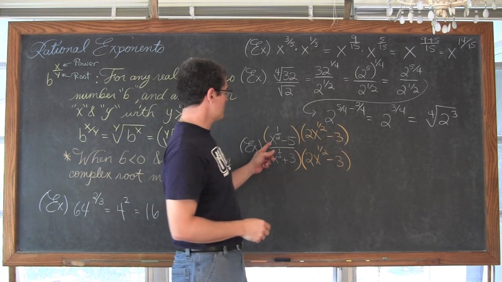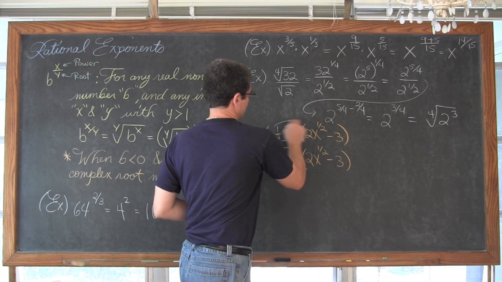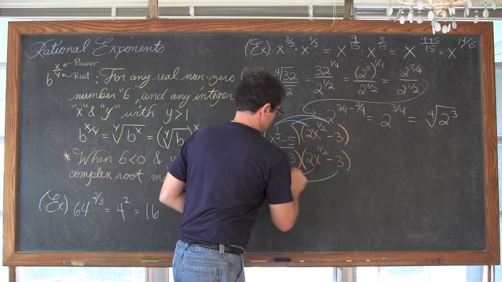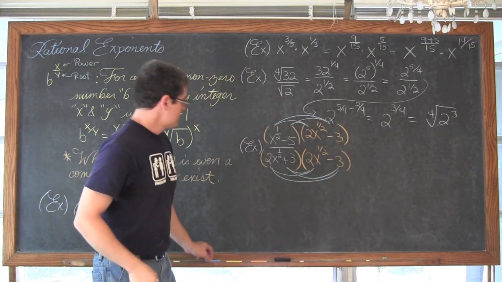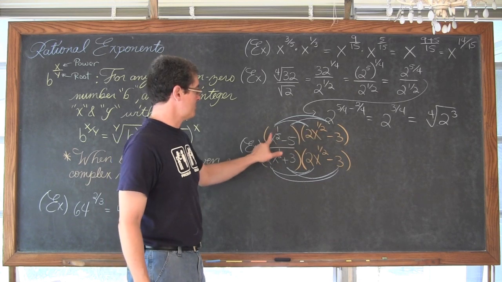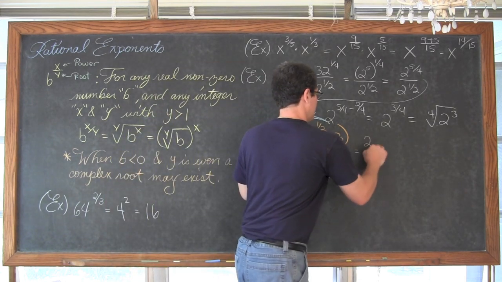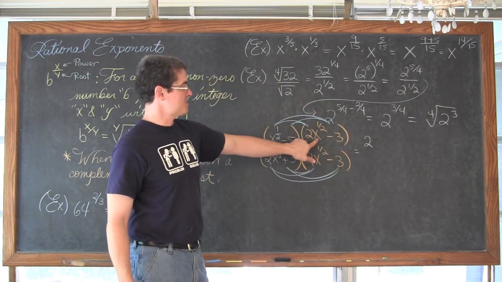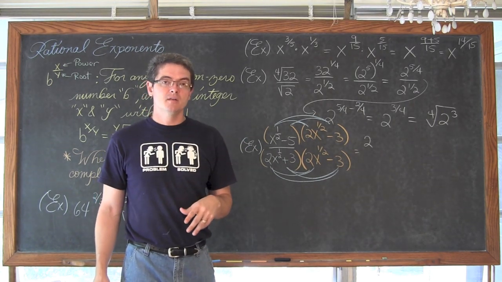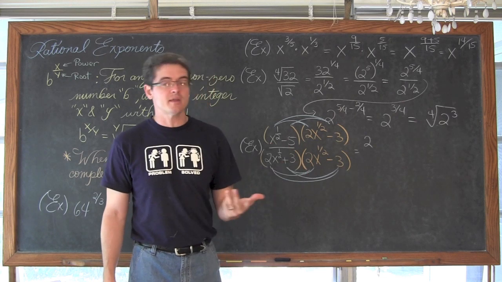So we have x to the 1/2 times 2x to the 1/2, so 1 times 2 is equal to 2. And x to the 1/2 times x to the 1/2: when you multiply like bases, you're supposed to add the exponents. If this were just 1x times 2x, you would say 2x squared without hesitating.